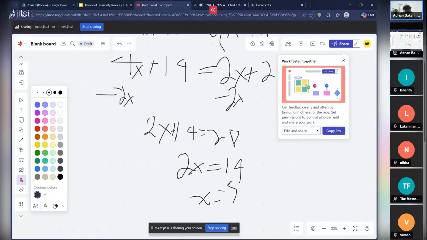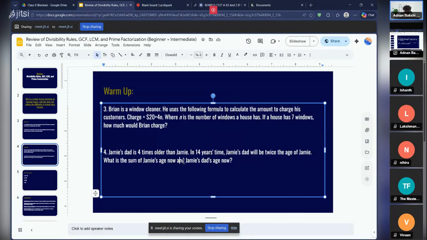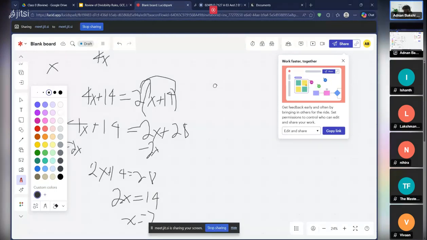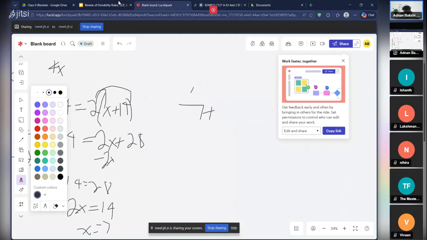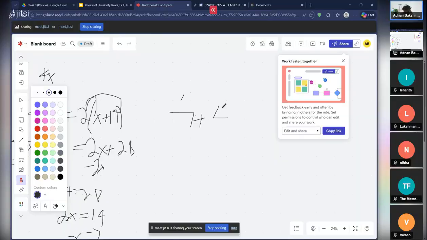So that's Jamie's age. We want to know the sum of Jamie's age now and Jamie's dad's age now. Jamie's dad would be 4 times older than Jamie, so we just do 4 times 7, which is 28. Add that with 7, and you get 35 years. That's your answer.